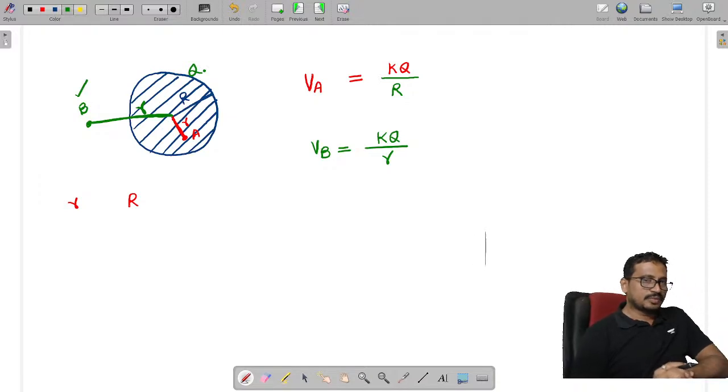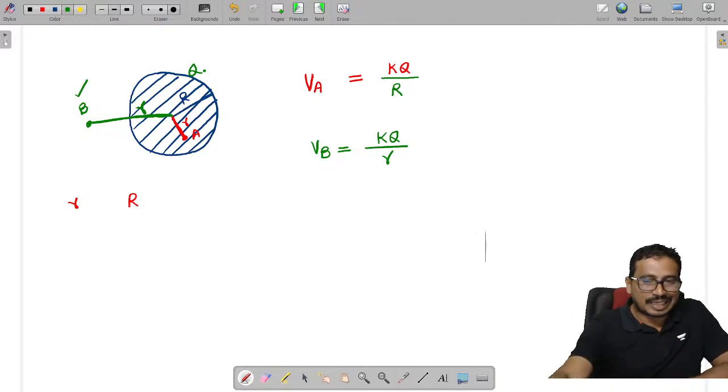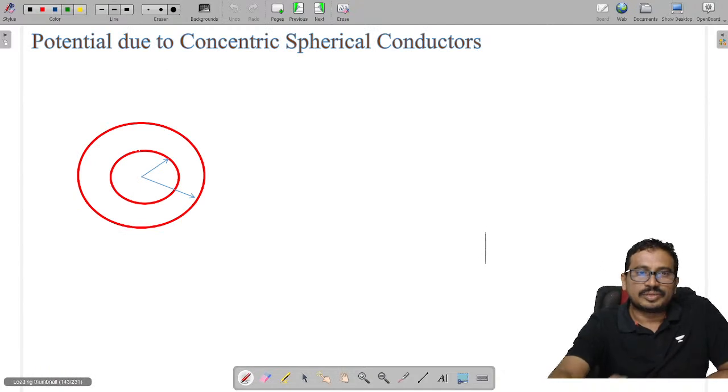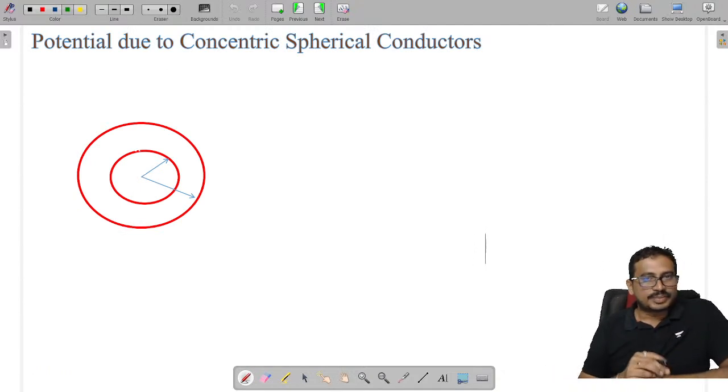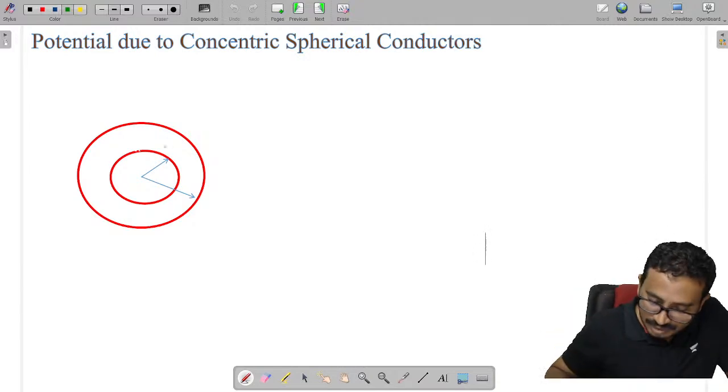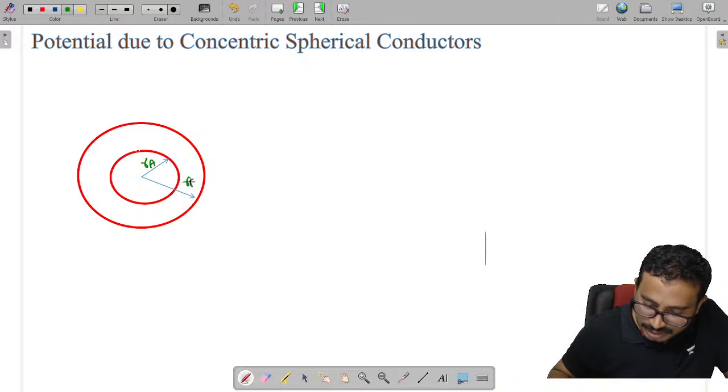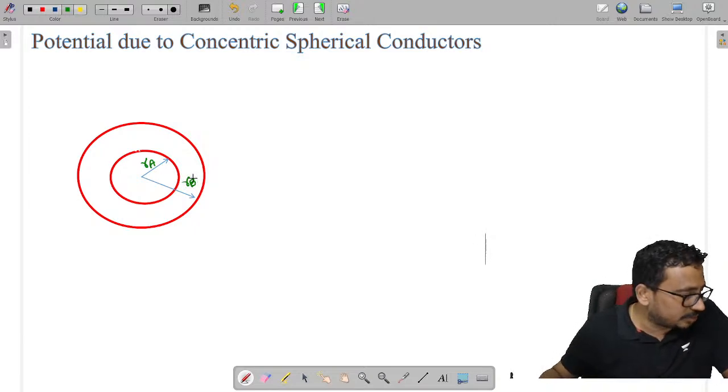Right, all of you. Now let's have more clarity on this. So देखो इधर, let us consider we have concentric spherical shells. Let us say we have two spheres. This sphere has the radius I am calling RA, and the second sphere radius I am calling RB. That is a property, right?